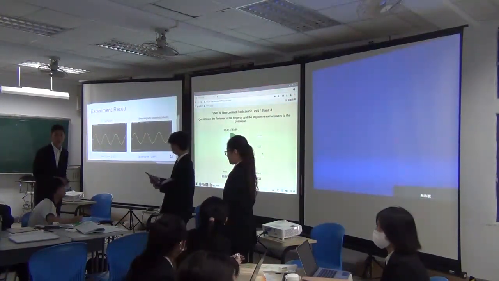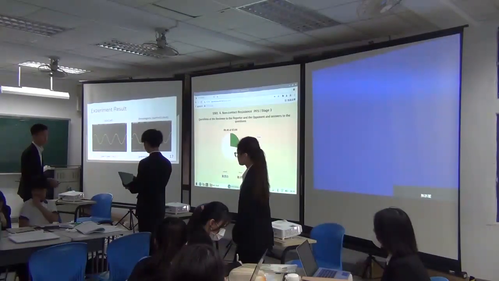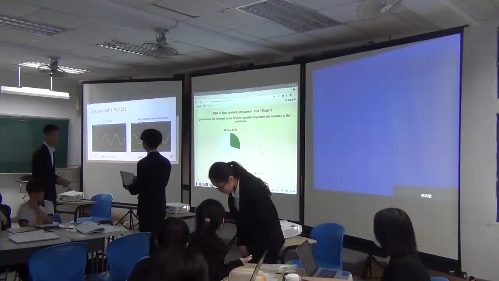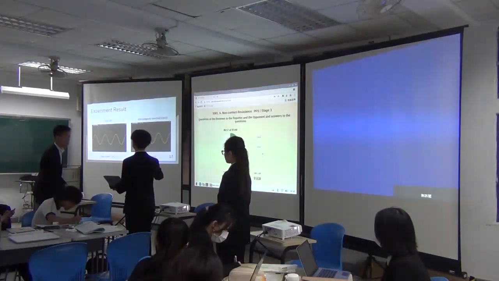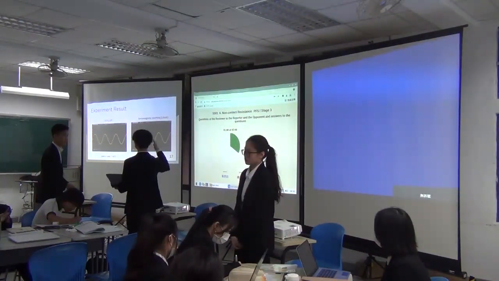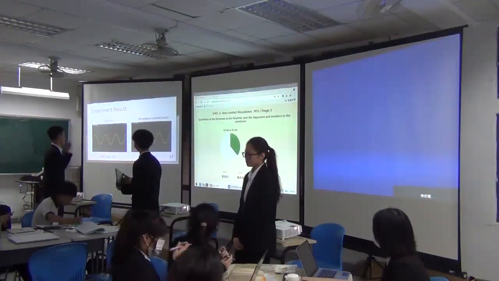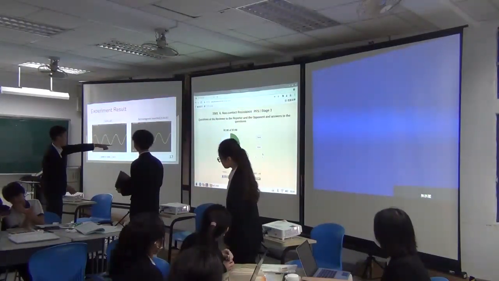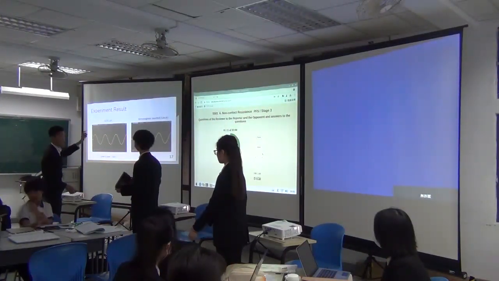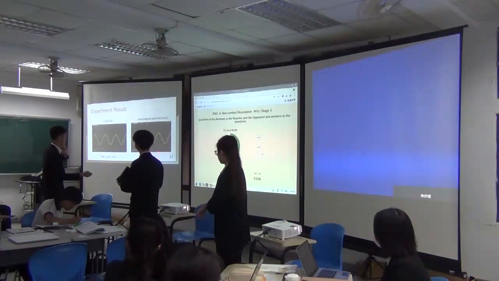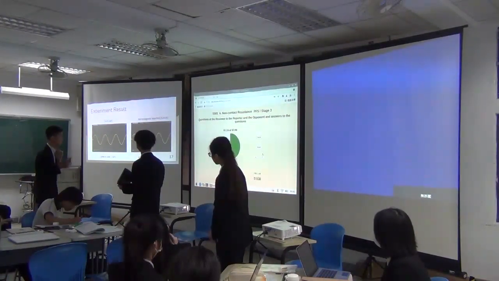Okay, so in this figure, which side is your x-axis and which side is your y-axis? The x-axis and y-axis? You mean the definition of x and y? Yes. I believe that the x part is as the time goes, so x represents time, and for the y part, you can see here, stage 3 is talking about voltage. So I believe that the y part is voltage.